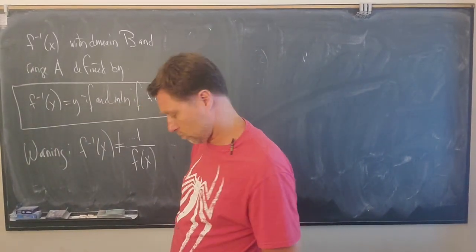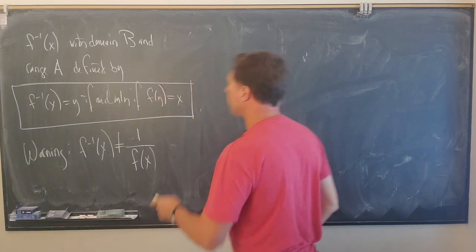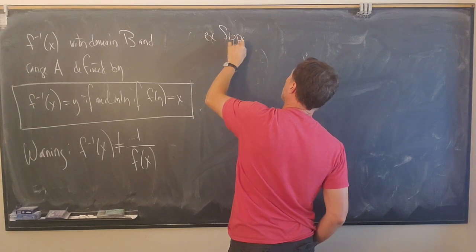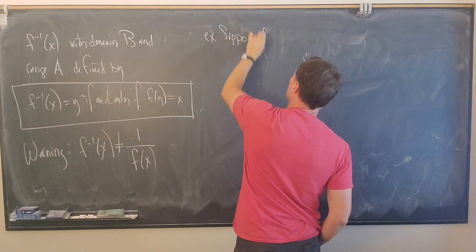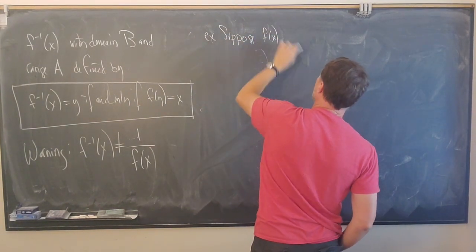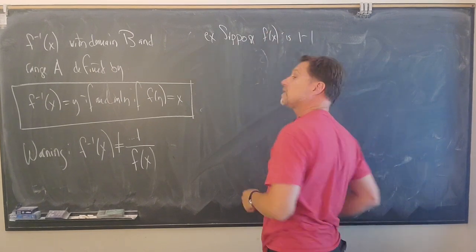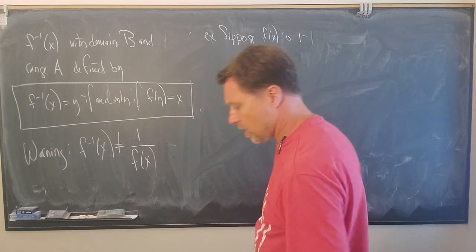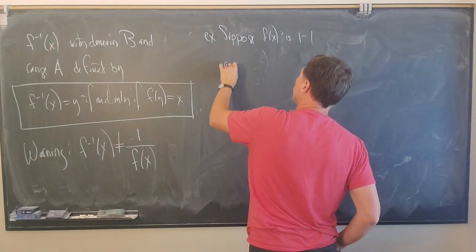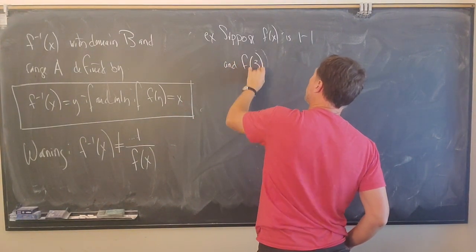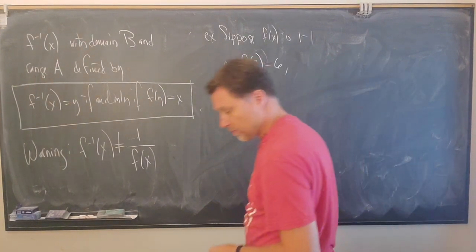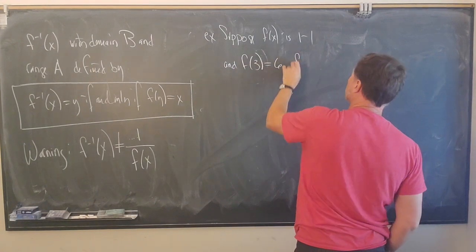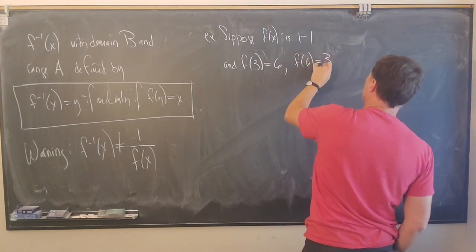So, here's an example. Suppose f of x is 1 to 1, which means that the inverse function exists. And f of 3 equals 6, and f of 6 equals 3.